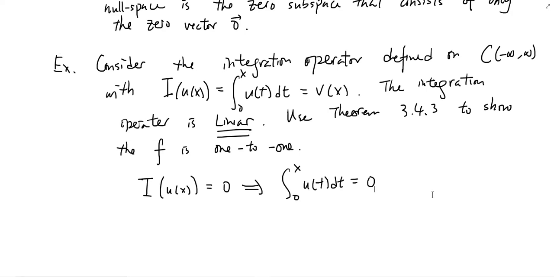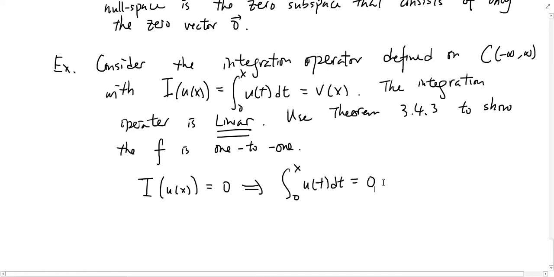Like if you do the sine curve or cosine curve, then some fixed value of x would always give you a 0 value as the net signed area, but it won't be for every value. In here, what we need is a function u of t that no matter what I put for x, I get 0 as an outcome.